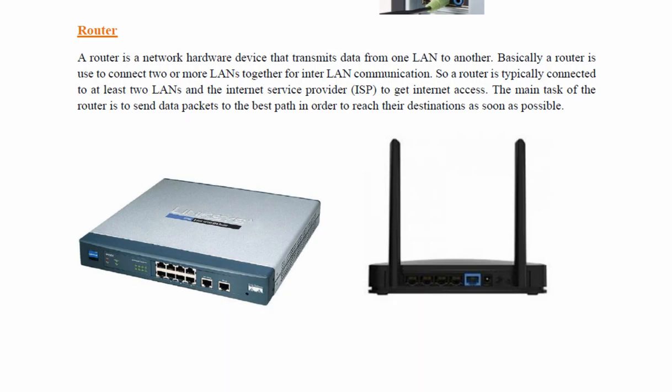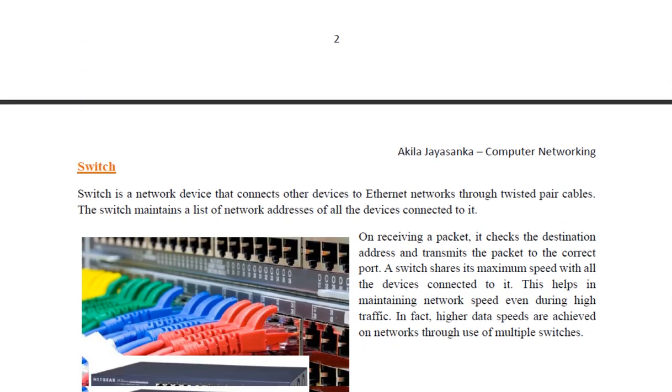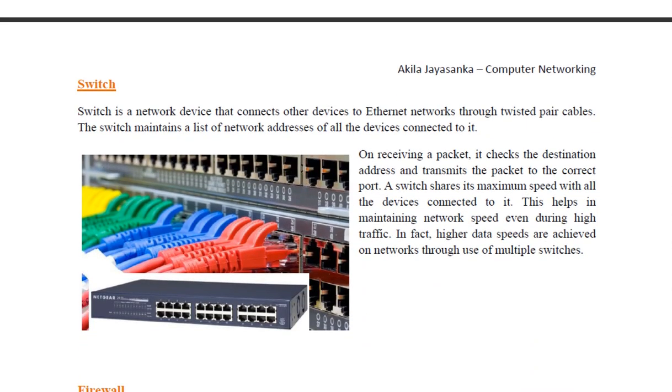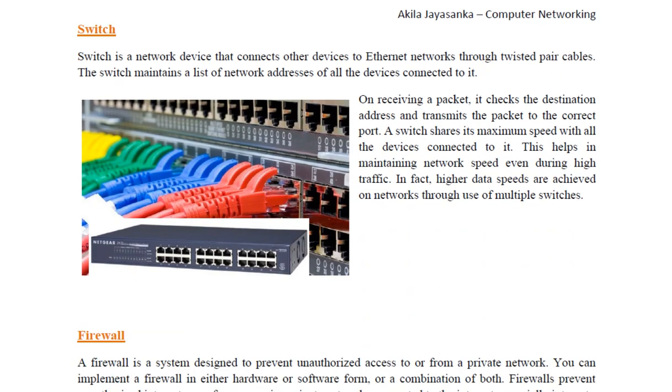Okay, let's move forward. Next one is the switch. The switch is used to connect multiple computers and end devices together to create a local area network. So in all local area networks, switches are used to connect all the end devices. If we have a switch like this one, let's say we have several computers to connect.